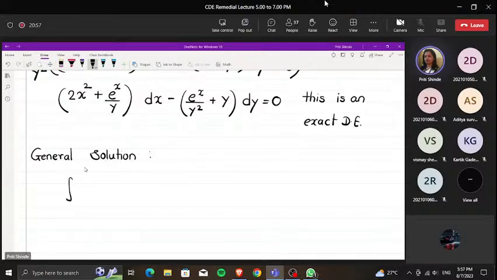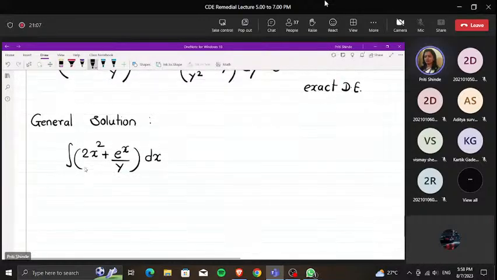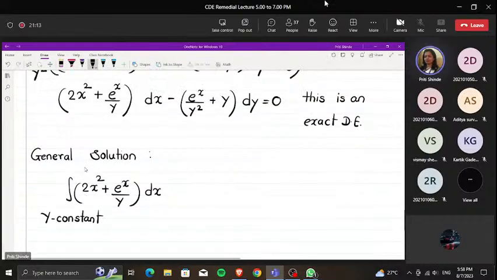First term as it is, 2x square plus e raised to x divided by y dx, treating y constant, plus. Now from the second term, tell me, select only those terms which are free from x.